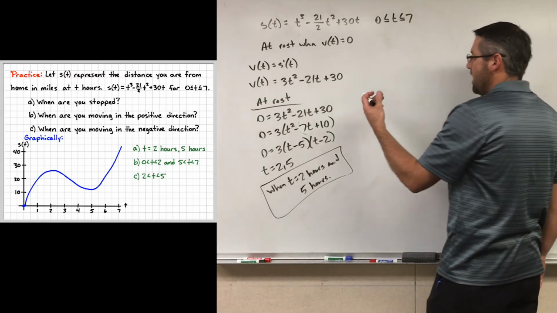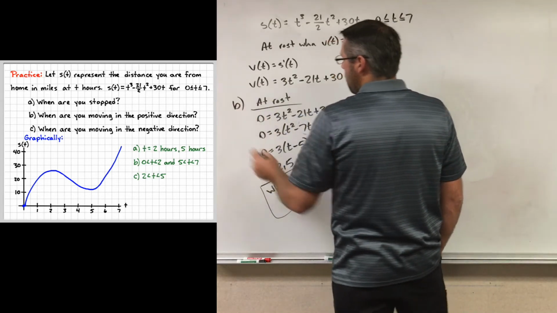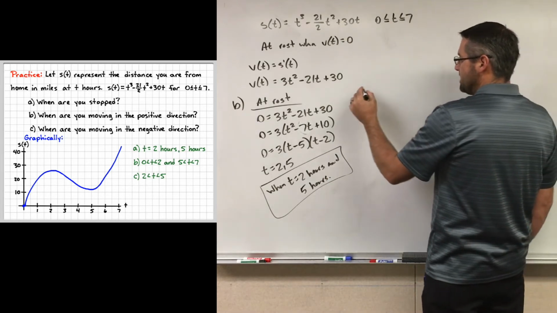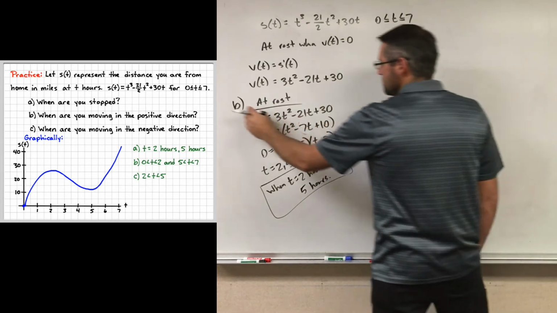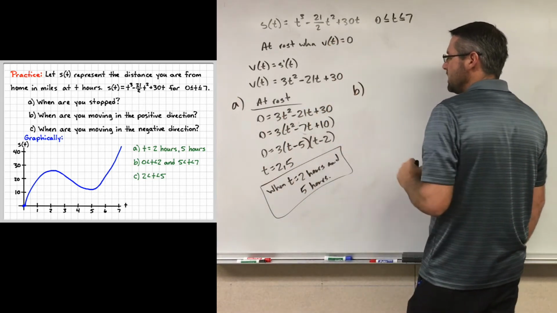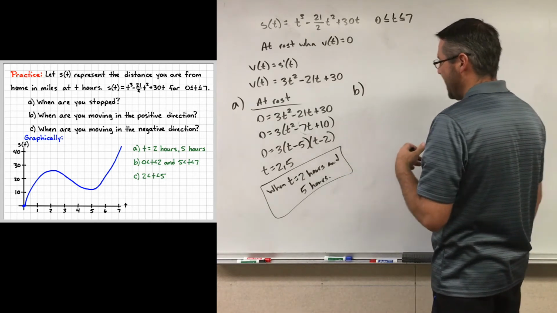Now, you may have an idea for how you would figure out when this graph is positive, and I'm not going to criticize your idea. But what I want to do is show you a nice, clean way of seeing when velocity is positive and negative.